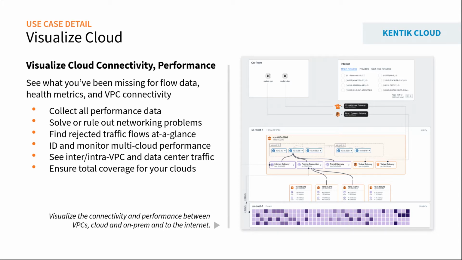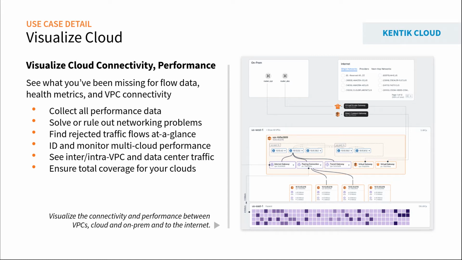Down at the bottom, you'll see that there's another region here, US East 1, and this one has 174 VPCs. So that's a lot to show visually. So we give you a kind of a heat map here, and you can drill into one of them if you like, or if you expand, you can get the big picture, just like we do for US West 1.